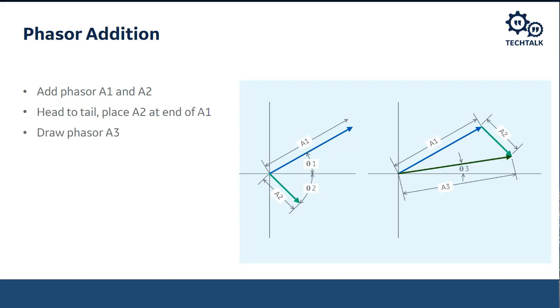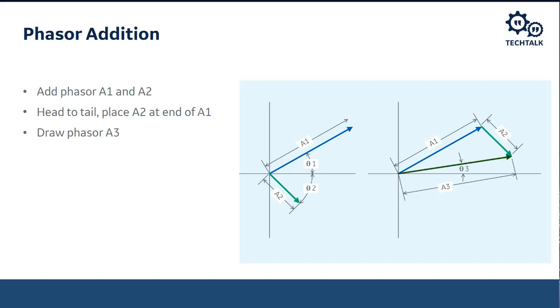So you can see that this mathematical technique of creating vectors from that sinusoid is really handy as we apply a voltage to an impedance and want to calculate the current through it, or if we want to do other analysis in the power system.